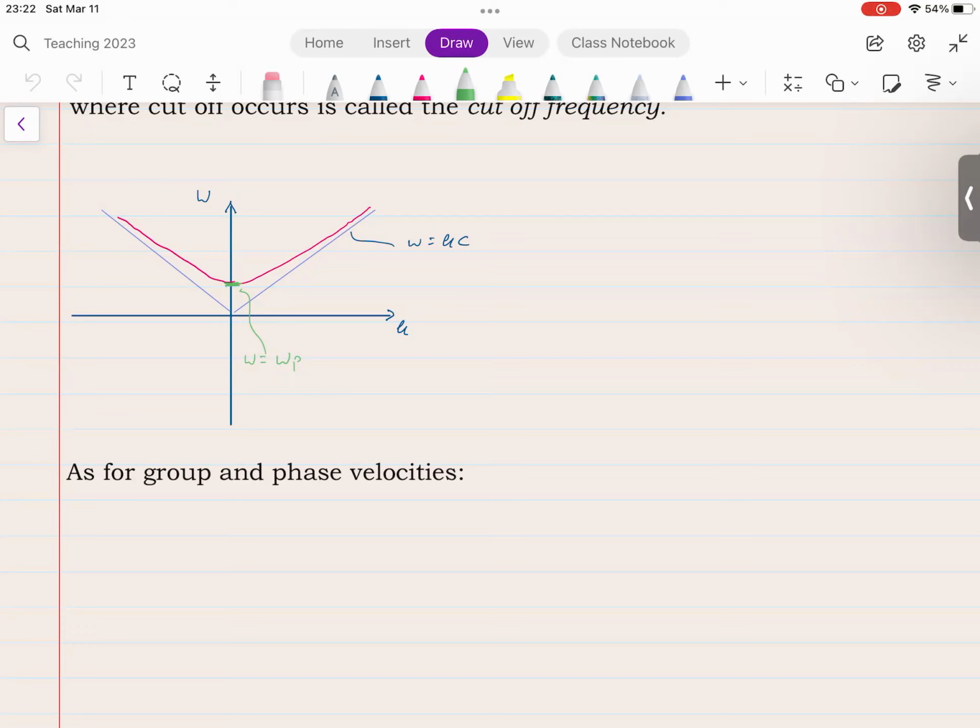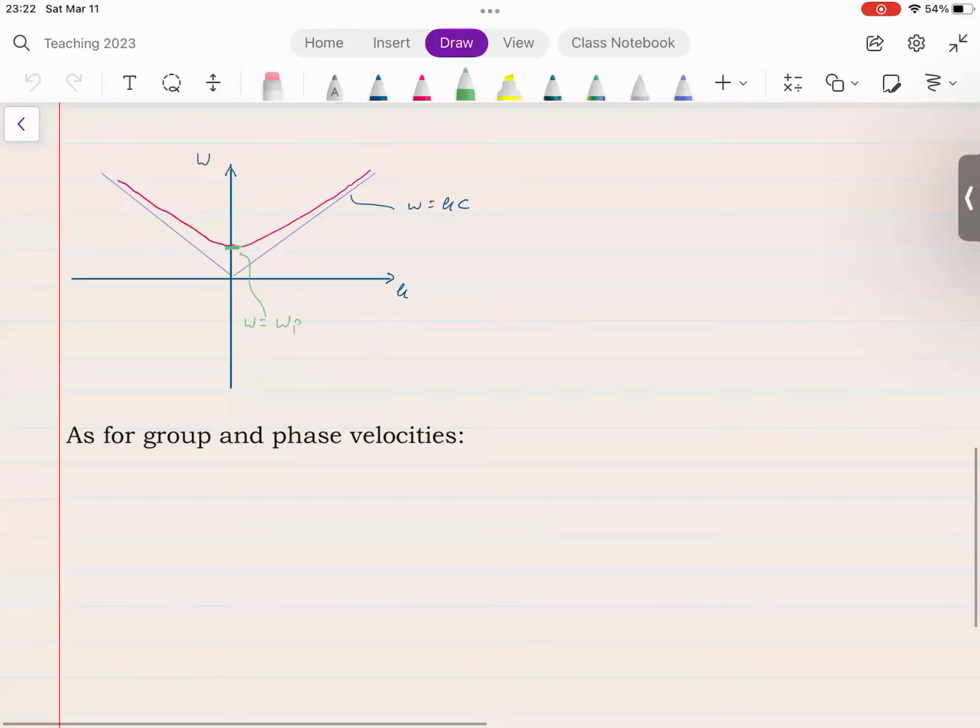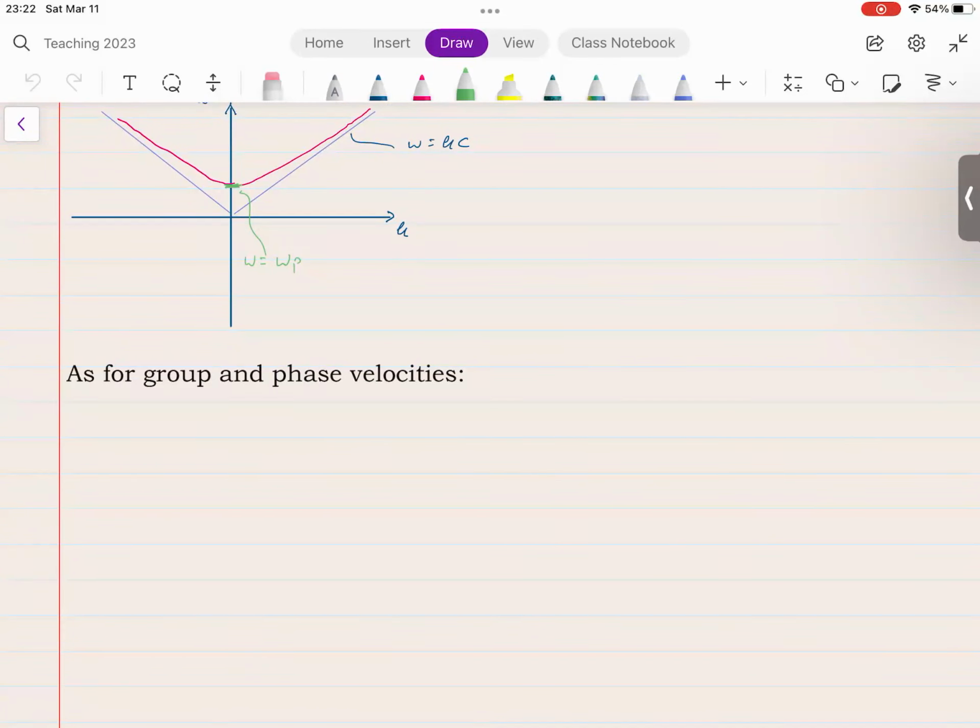When you know how to calculate them, I'm not going to do any math, I'm just going to state the result. Sorry, we're still in green. V sub p is the phase velocity, it's not the plasma velocity. Omega over k.